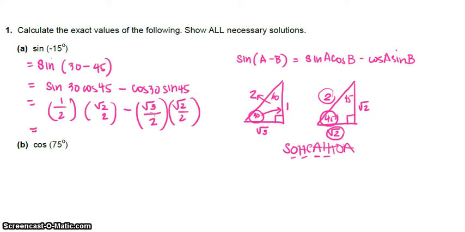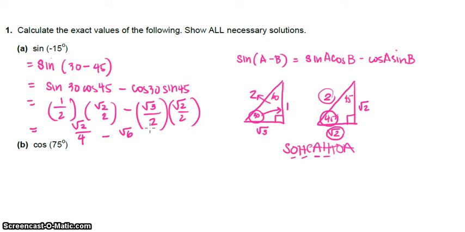And then just simplify this. This is a product of fractions. When you multiply fractions, you multiply the numerators over the product of the denominators. So 1 times square root of 2 is square root of 2. 2 times 2 is 4. Square root of 3 times square root of 2 is square root of 6.